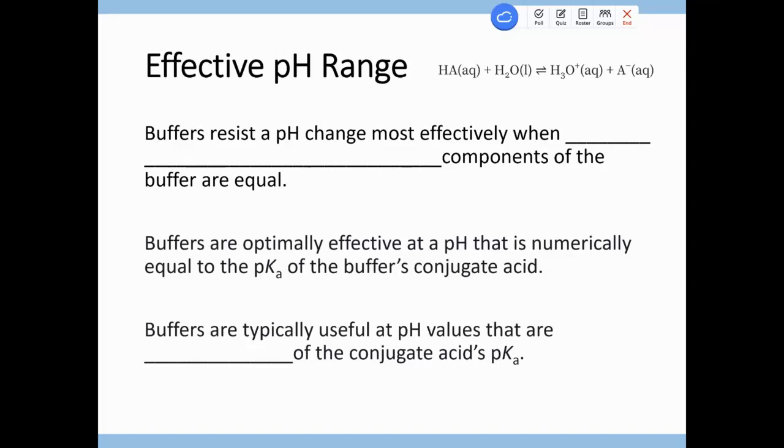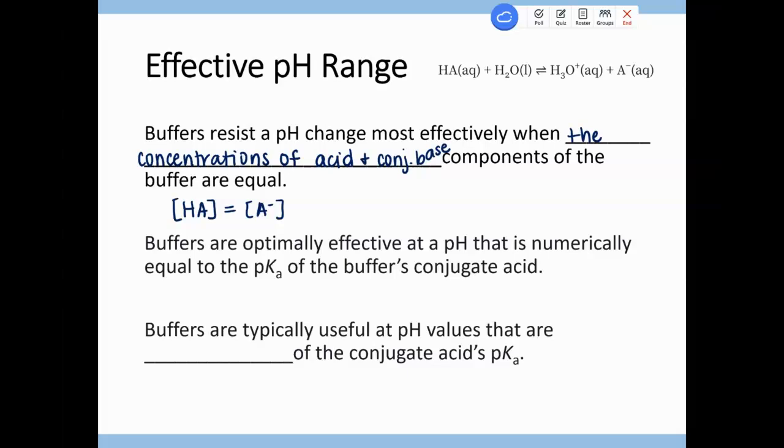So first, buffers resist a pH change most effectively when the concentrations of the acid and conjugate base are approximately equal. So where HA is approximately equal to A minus, that would be a stronger buffer solution.